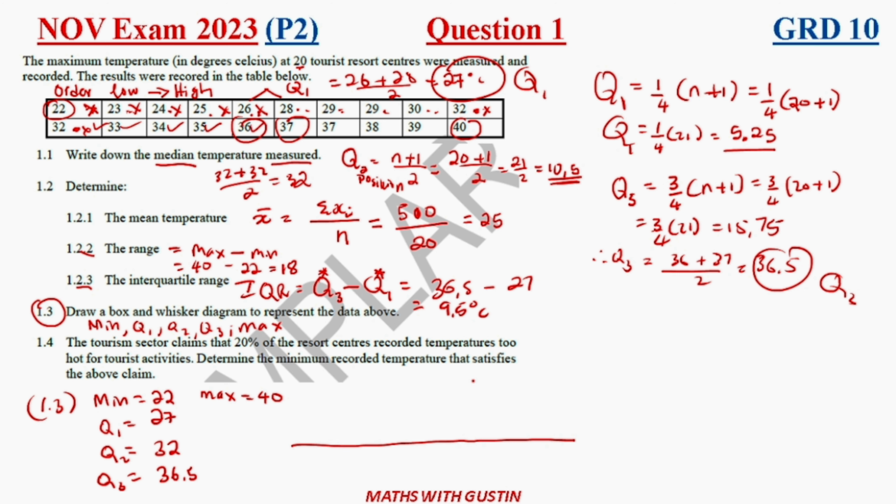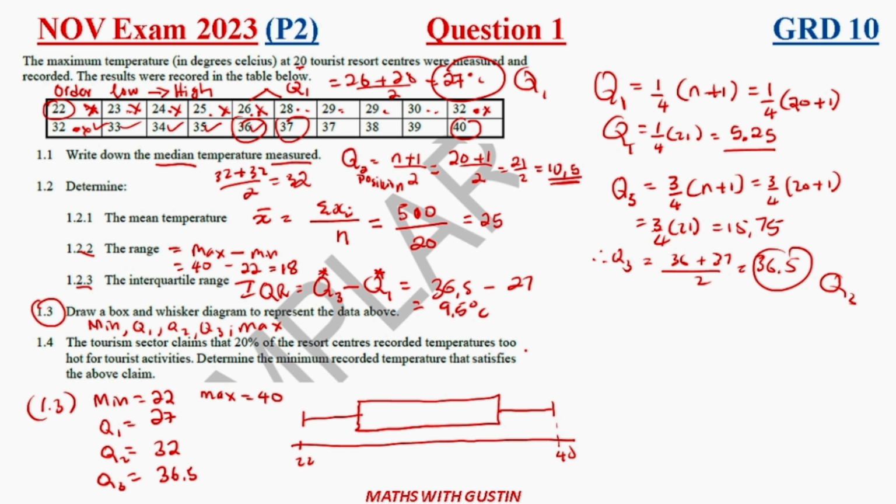I think they also provide the answer book as well. Then we put our box and whisker diagram here. Here we go. This is our minimum value, which is 22, so our whisker will just attach there. And then we have also our maximum value, which is also 40 here.